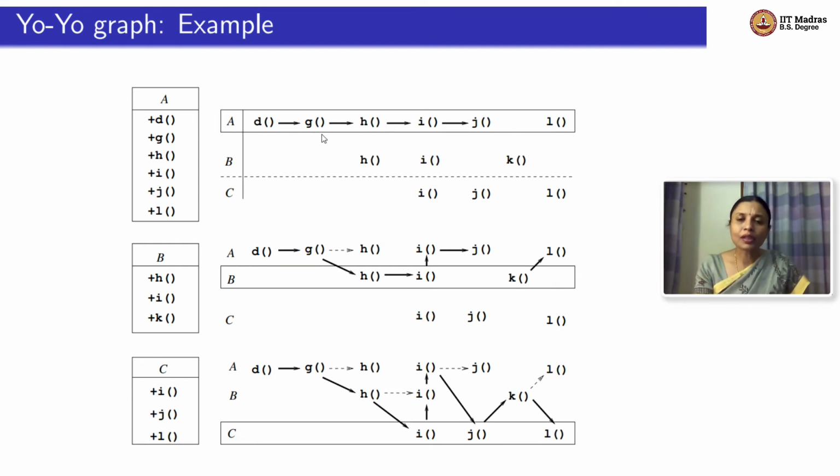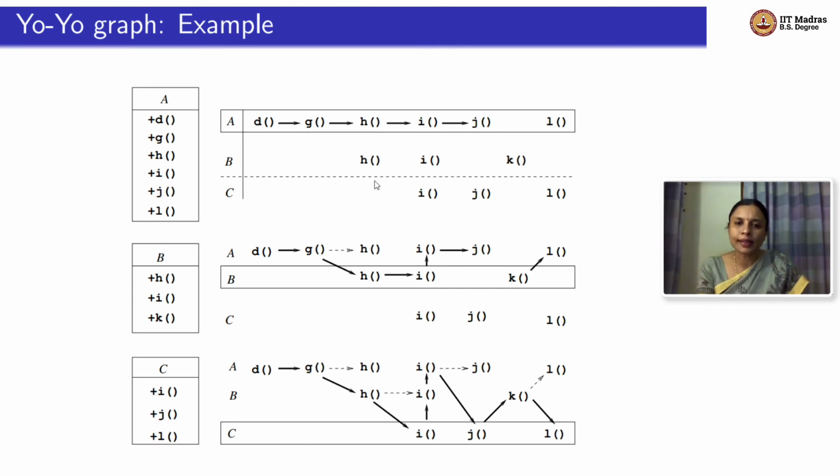On the left, you have the method names to represent the nodes of the graph. One row of methods per class. For class A, all the 6 methods are arranged in a row. For class B, the 3 methods are arranged in a row below the corresponding methods of class A. So H of B is kept right below H of A. I of class B is kept right below I of A. In addition, B has its own new method K that's kept separately.